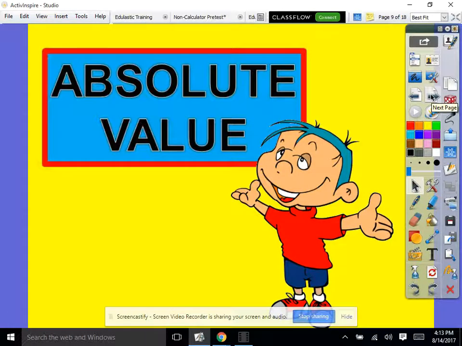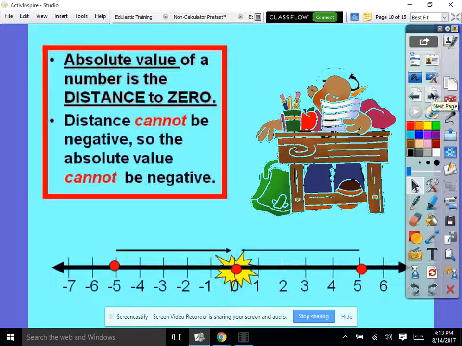Now let's talk about absolute value. Absolute value of a number is the distance to 0. Distance can't be negative, so absolute value cannot be negative. And if you notice, -5 is 5 away from 0. +5 is 5 units away from 0.